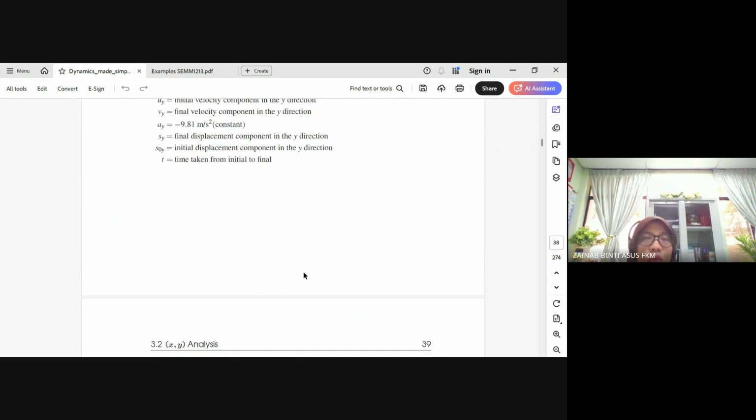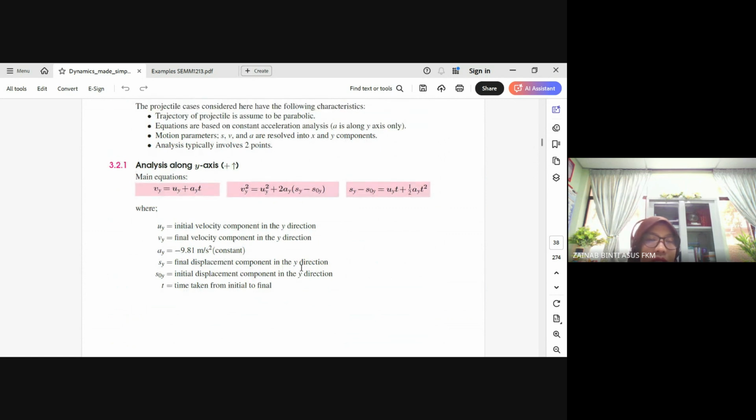We start with the y analysis because this is the one that has the constant acceleration.